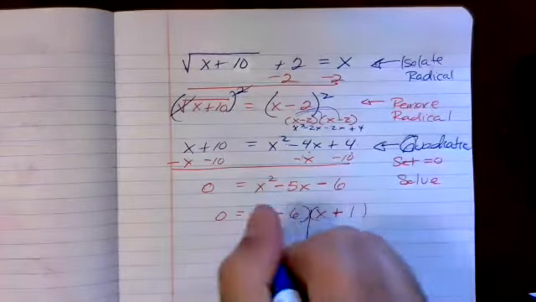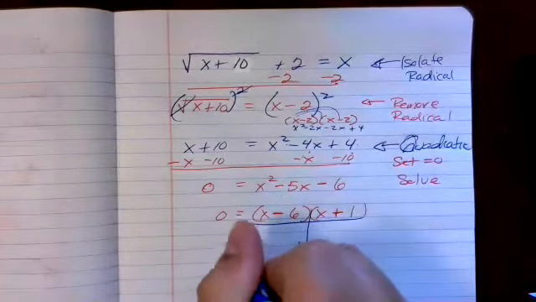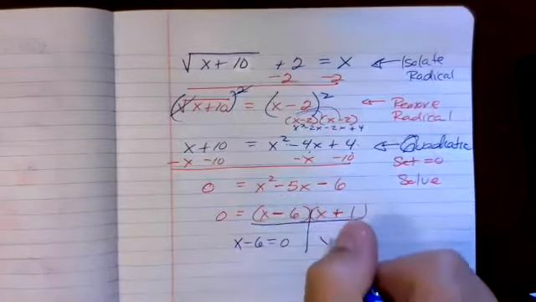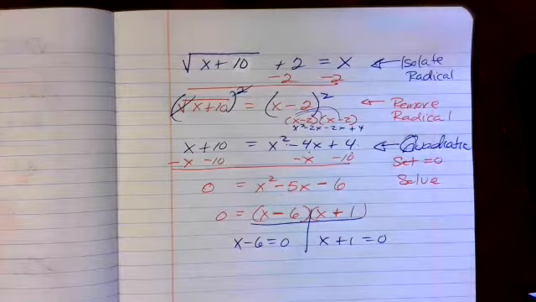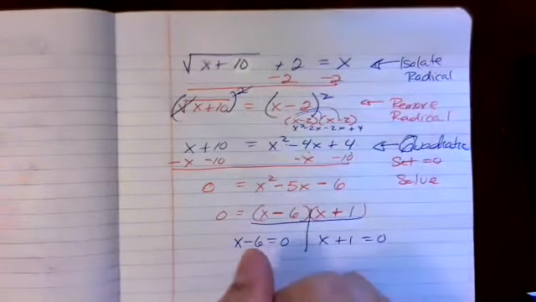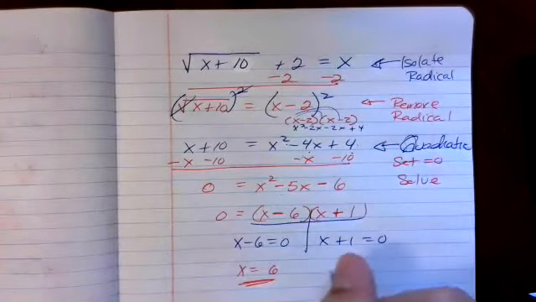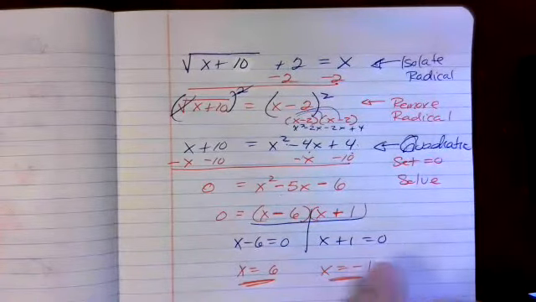So it's correct. So I'm going to have x minus 6 equals 0, and x plus 1 is equal to 0. So I'm going to have x is equal to 6, and x is equal to negative 1.